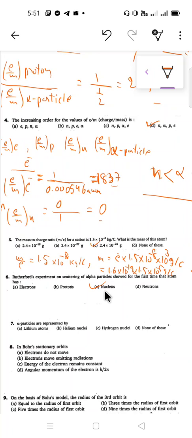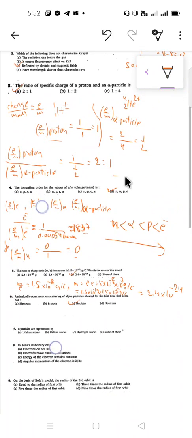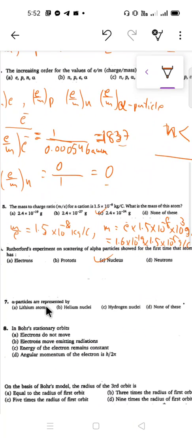This is what he predicted: the nucleus is present in the atom. This is the fixed point. Next, the alpha particle is represented by, we know the alpha particle is the helium 2 plus ion, so helium nuclei.